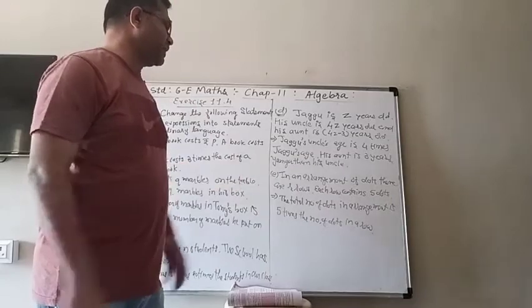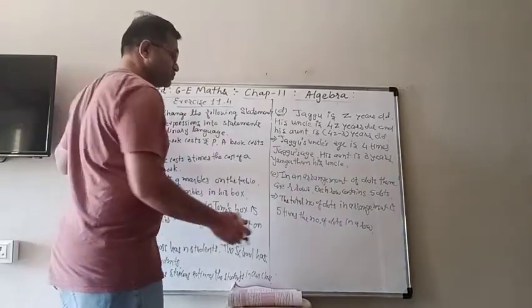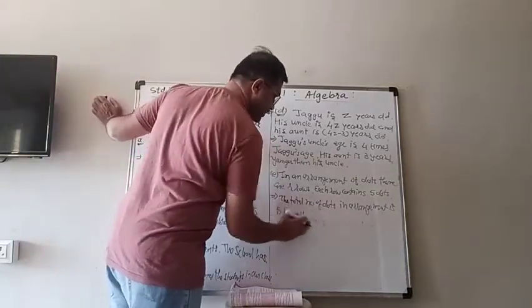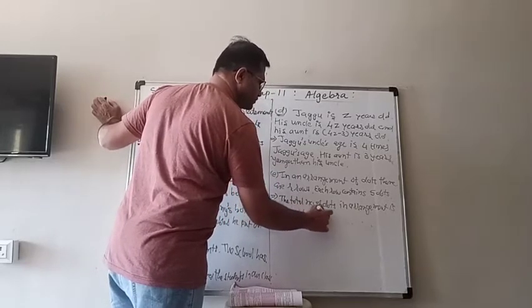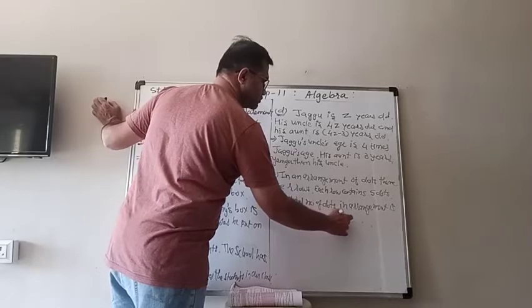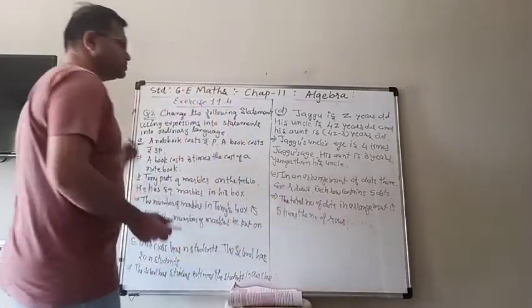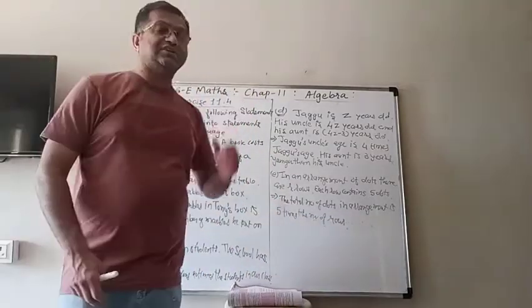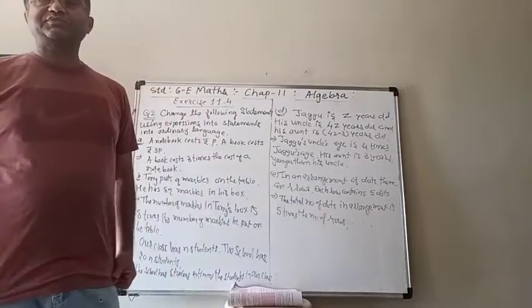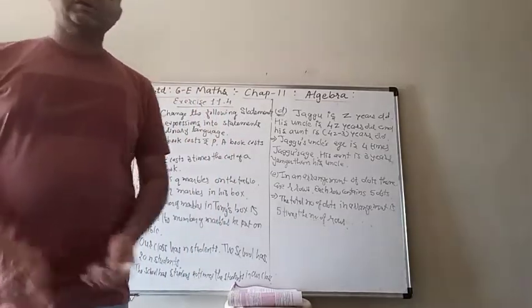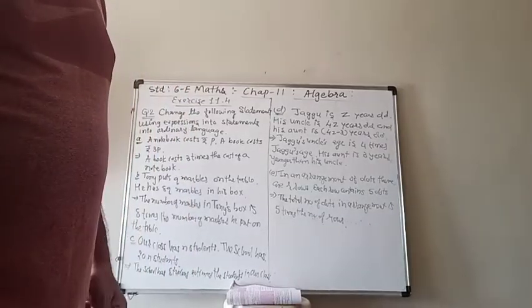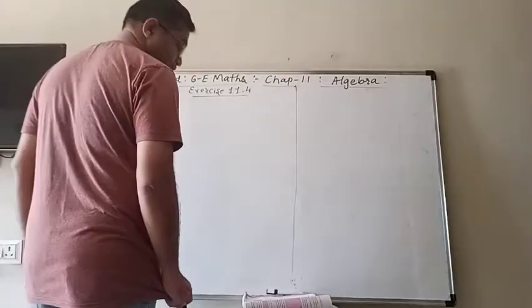So 5 times R, 5 times the number of rows. So by this situation we have to check the relation, and after that write it in ordinary language.